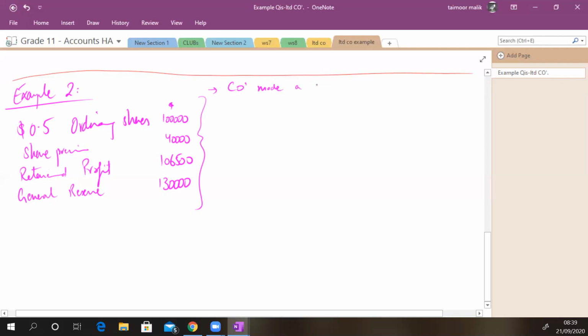Company made a profit after tax of $106,350.